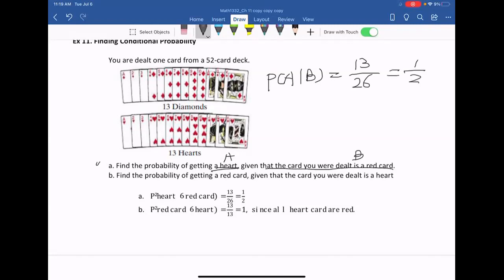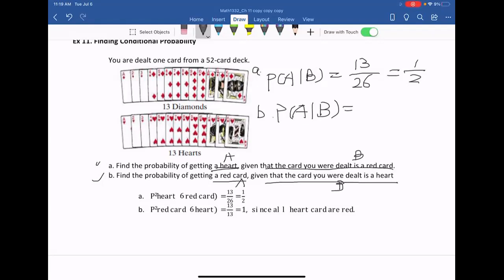Number B, find the probability of getting a red card, given that the card you were dealt is a heart. So I denote A is this one, B is this one. The probability of A given B. Right now, for B, the card you were dealt is a heart.